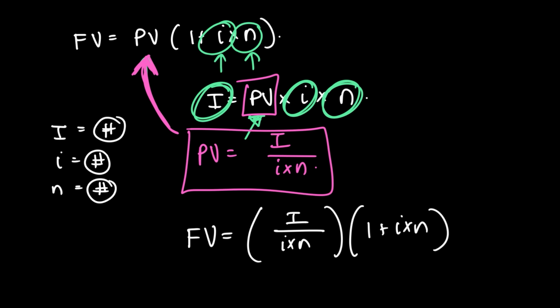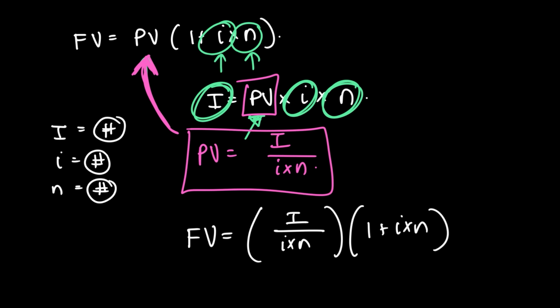So you take the total interest formula and you make your present value the subject of the formula, and then you plug it back into your simple interest formula. Again, sounds complicated. Breathe a bit. You can handle it, I promise.